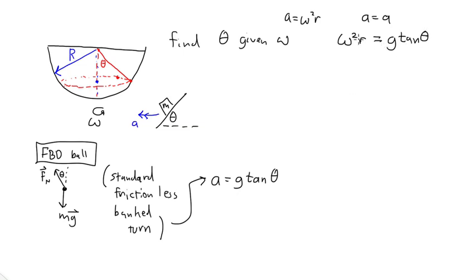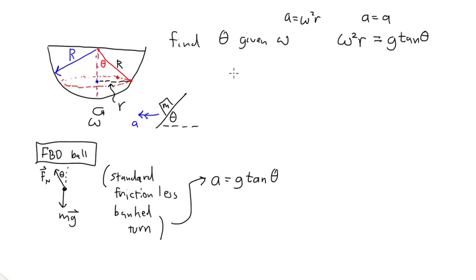Now, one little trick here. I used a lowercase r here. How is that different from uppercase R? Lowercase r is the radius of the circle, and uppercase R is the radius of the bowl. If we look at this little triangle, this black dotted line I drew here is lowercase r, and this hypotenuse is uppercase R, and this angle is theta.